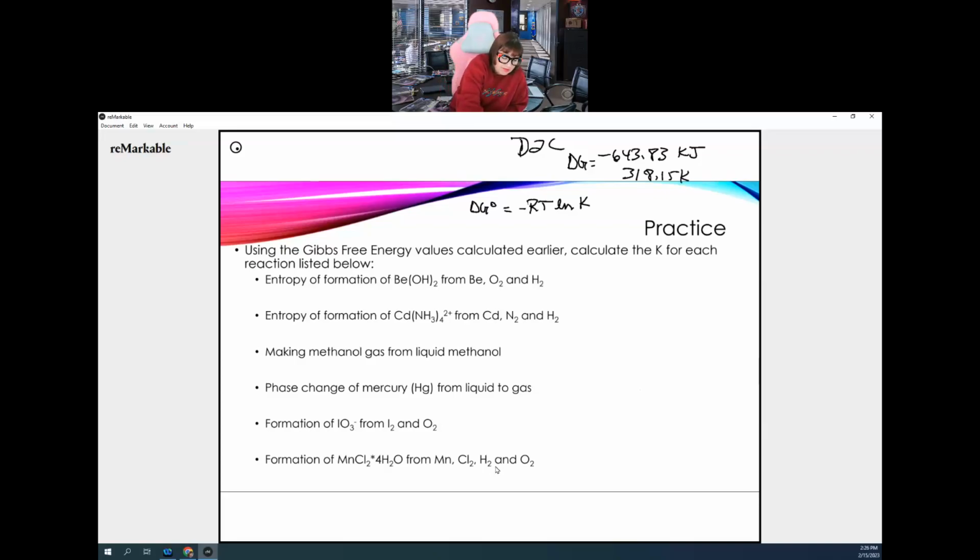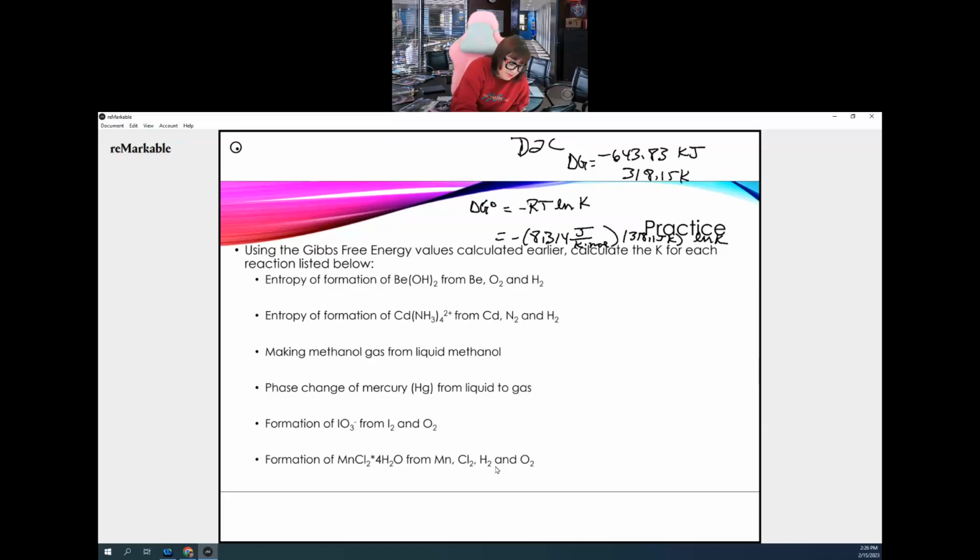So if we want to calculate K, we need the negative of R, which is 8.314 joules per Kelvin times mole. That is on your test. And then T, which is 318.15 Kelvin, and then the natural log of K.